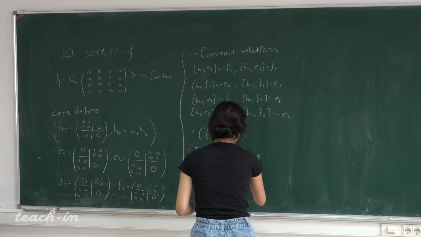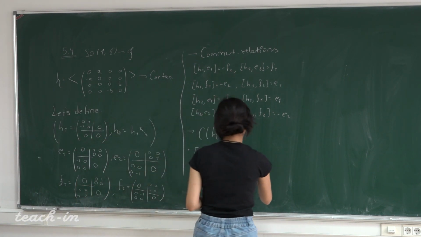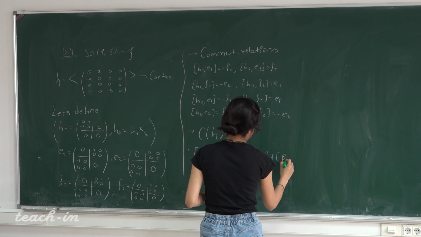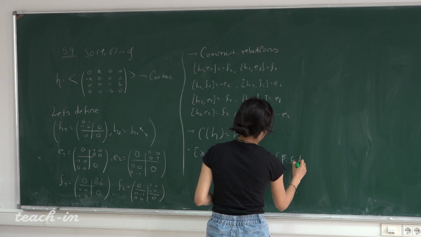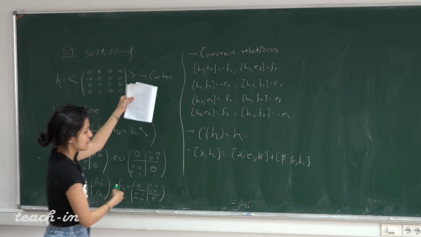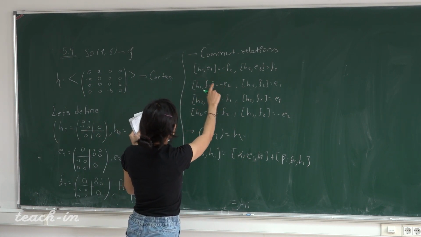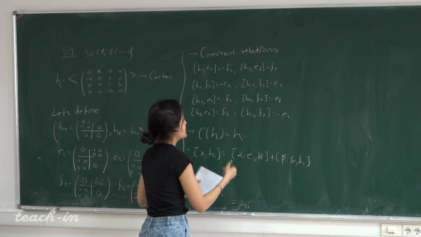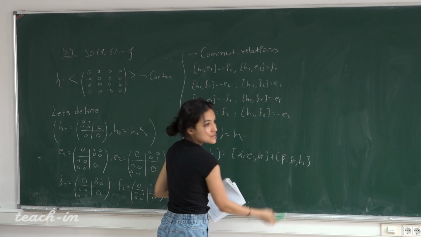I will decompose X. But we know, by the commutation relations that I computed before, that this E with H goes to the span of the F matrices. The H with the E, and the same with this.